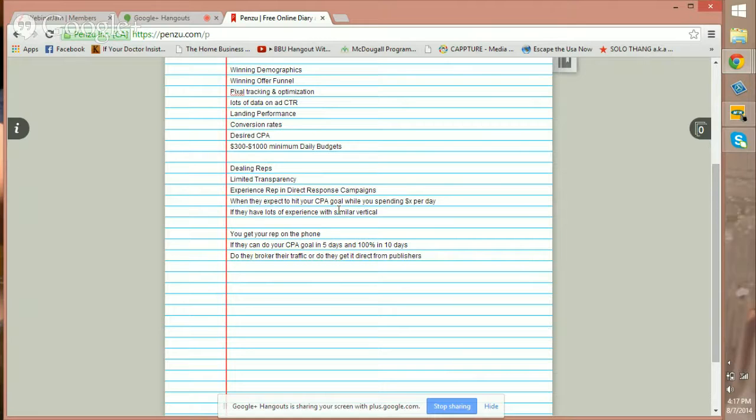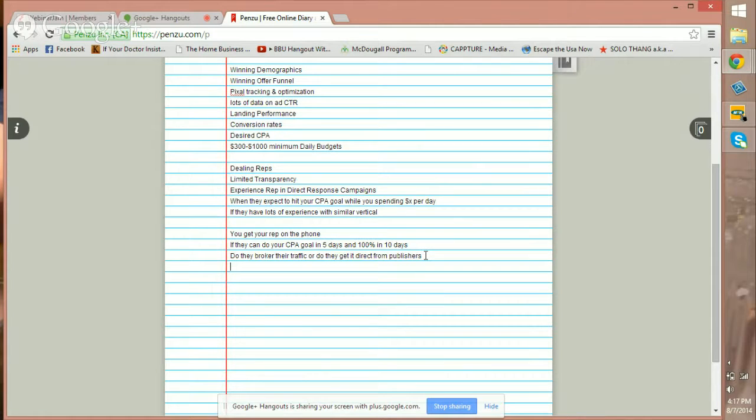The reason why you need to check the quality, right? Because if they're getting it from brokers, guess what? You don't know exactly where the traffic is coming from. So it's very, very important that you understand that.